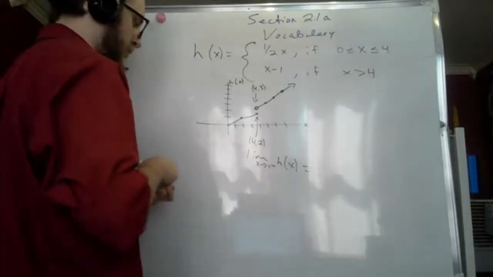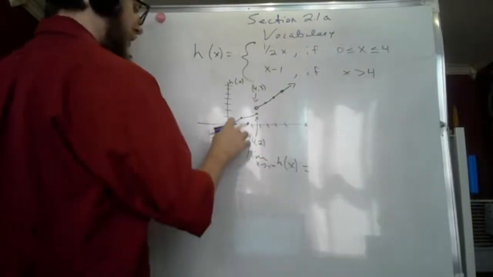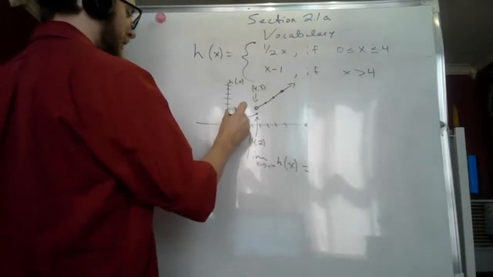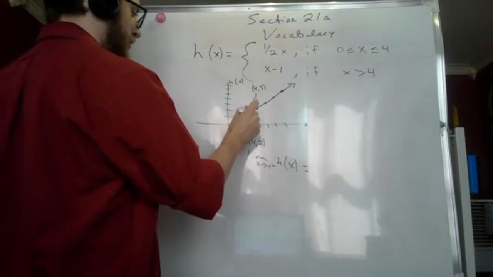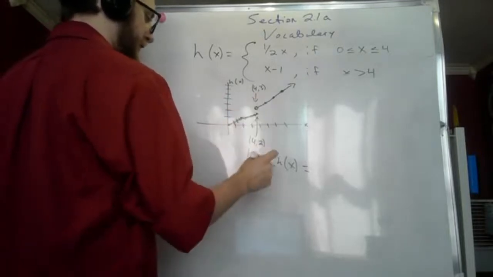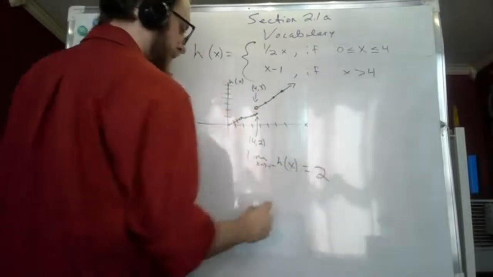So we're approaching 4 from the left. So we're here, we're here, we're here. We're getting closer and closer to 4, and we're getting really close to this value of 2.